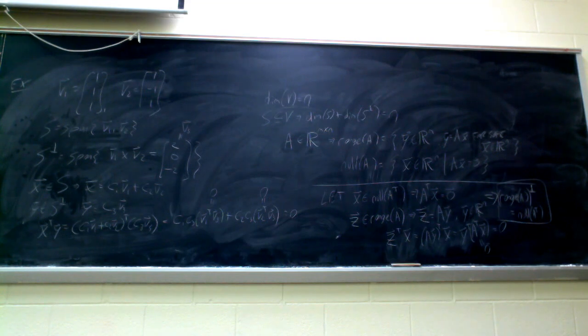So the null space of A is the orthogonal complement of the range of A transpose. So really what you're doing is you're trying to find vectors that are orthogonal to all the columns of A transpose. But that means you're trying to find vectors that are orthogonal to the rows of A.